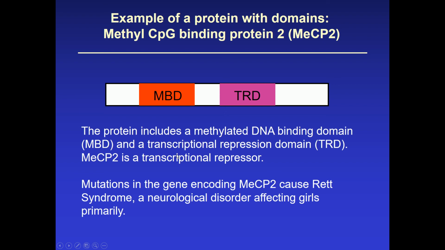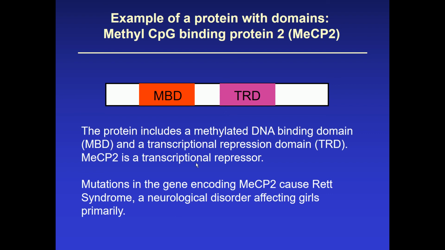What are transcriptional repressors? Transcriptional repressors are proteins which reduce transcription. Transcription is the process by which the information in DNA is converted into mRNA, and the information in mRNA is converted into protein, which is translation. These are the two stages in protein expression. The first stage is transcription.